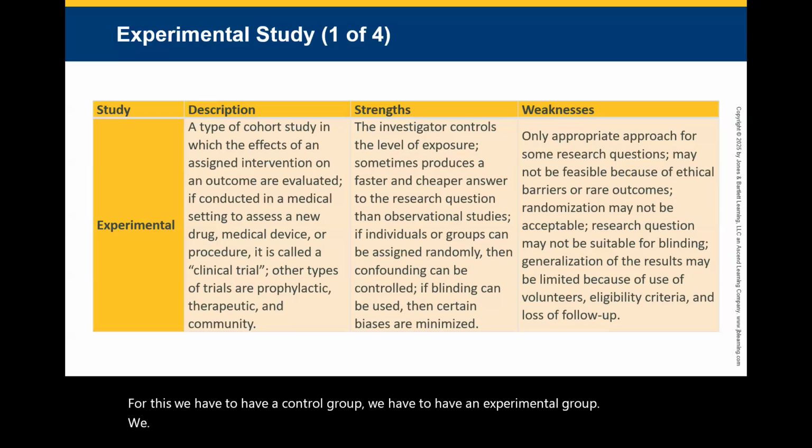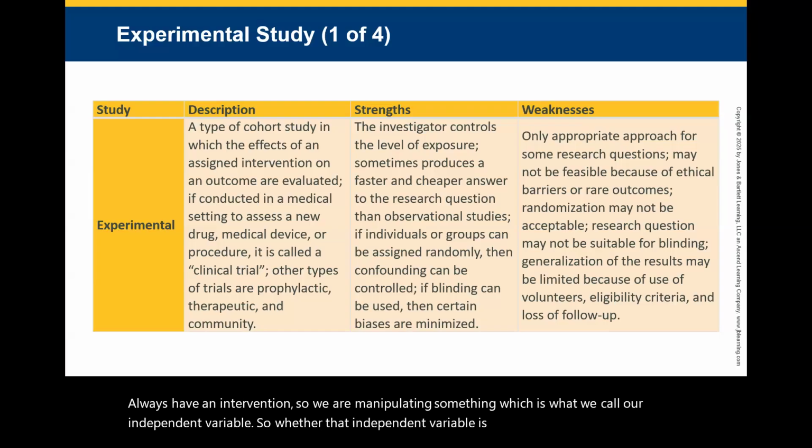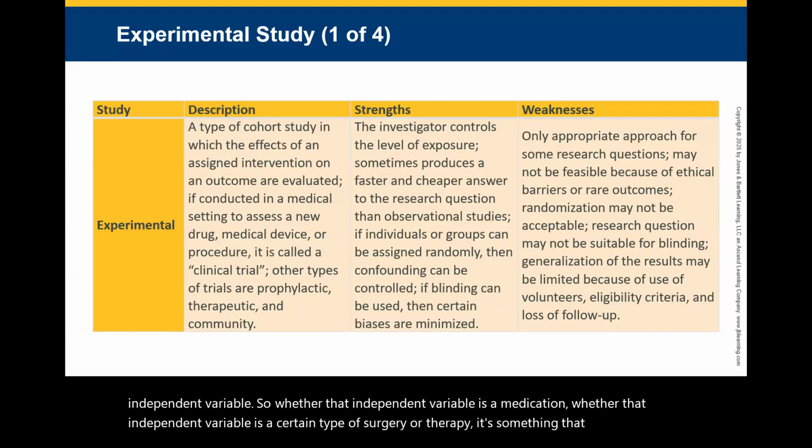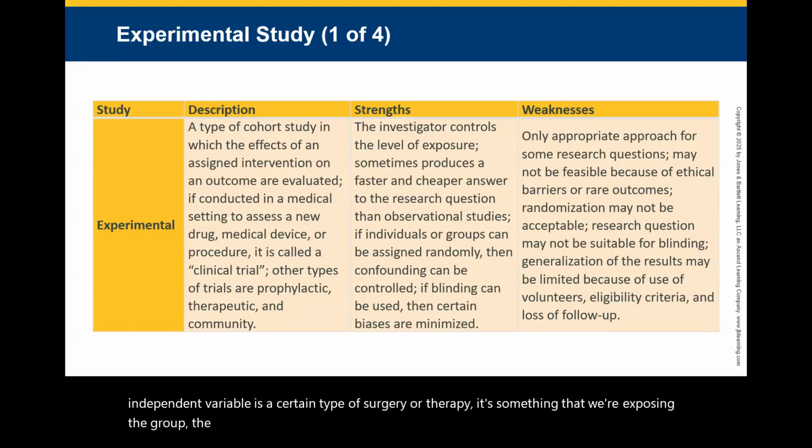So we are manipulating something, which is what we call our independent variable. Whether that independent variable is a medication, a certain type of surgery or therapy, it's something that we're exposing the experimental group to and measuring the results of.